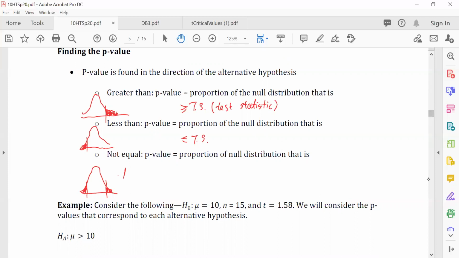So if this is not equal to, you need to consider extreme in either direction.